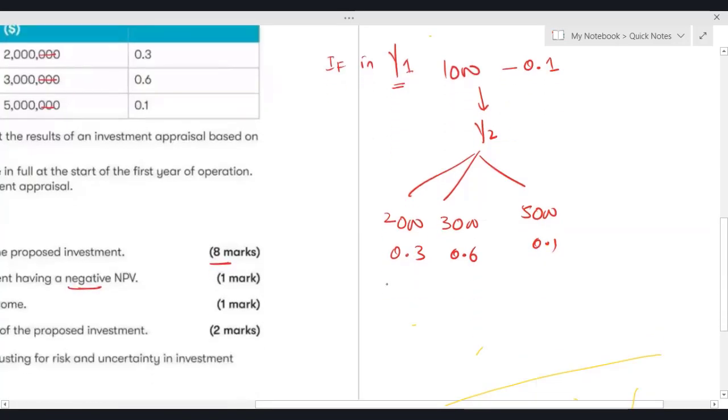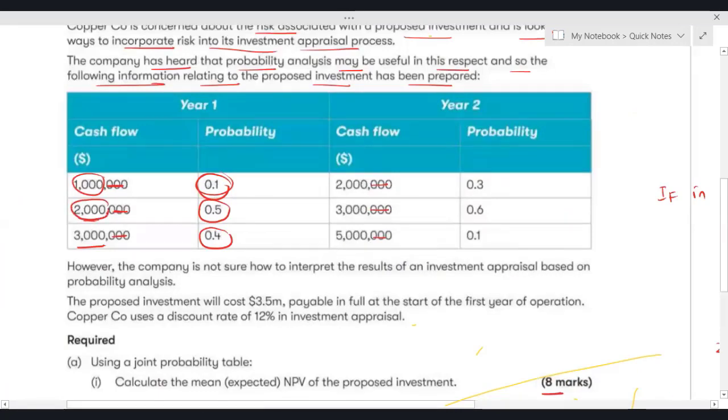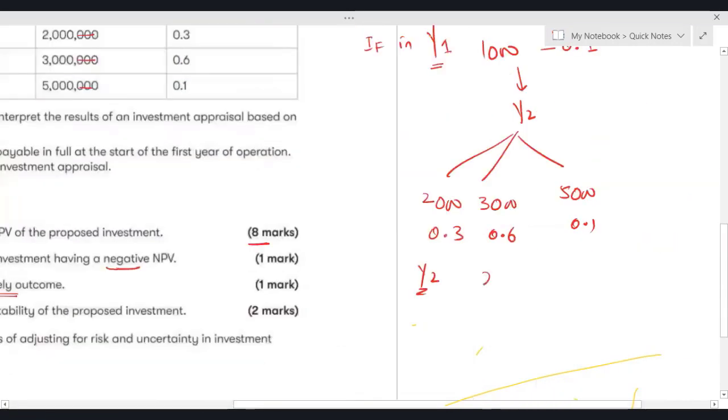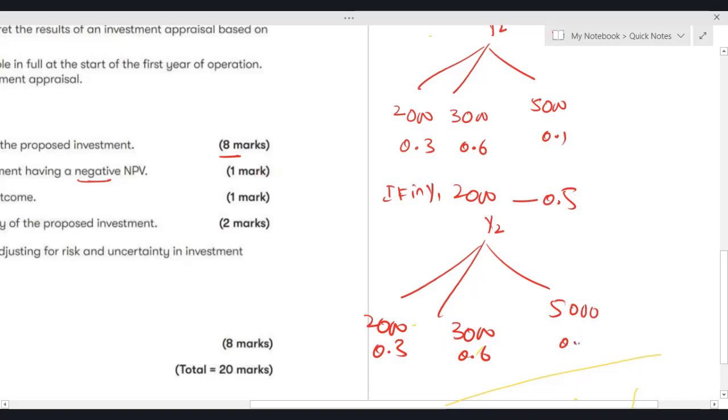If in year one the event of 2,000 happens, which has a probability of 50%, then in year two again three outcomes are possible: 2,000 with a probability of 30%, 3,000 with a probability of 60%, 5,000 with a probability of 10%.